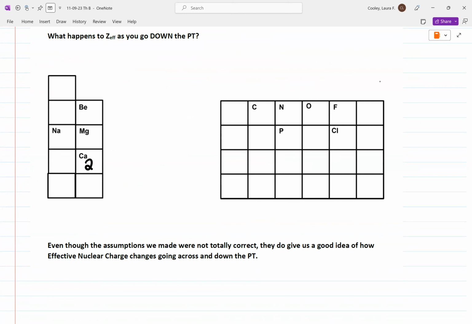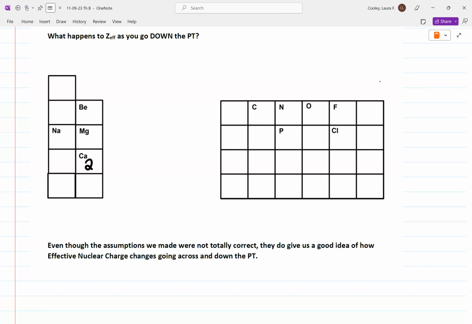You do sodium and carbon. And then, how about nitrogen and phosphorus?